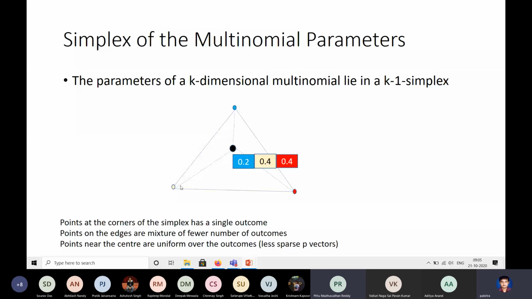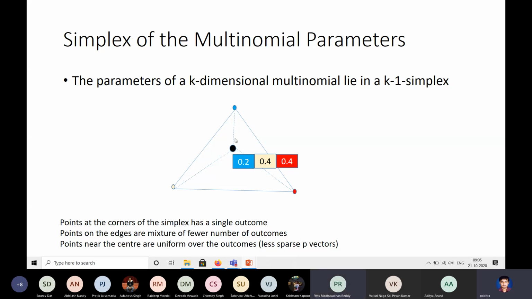So if you have a 3-dimensional multinoulli, let's say I have a triangle with 3 corners, and one particular multinoulli, let's say the 0.2, 0.4, 0.4 multinoulli, is represented by the distances from these 3 corners. So from the blue corner, it's at 0.2.